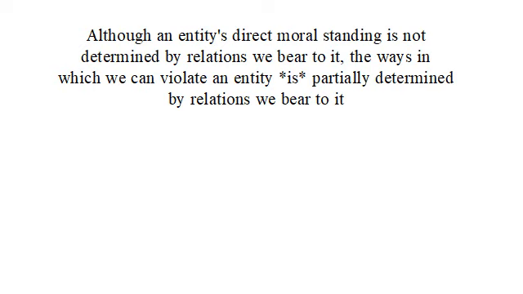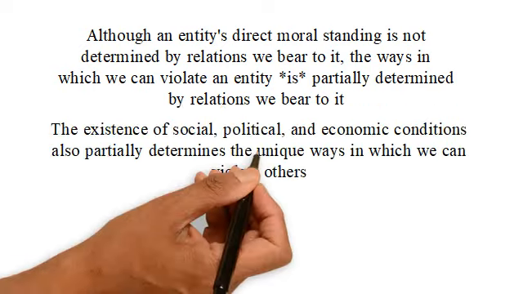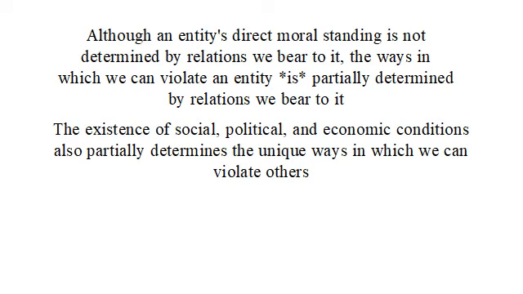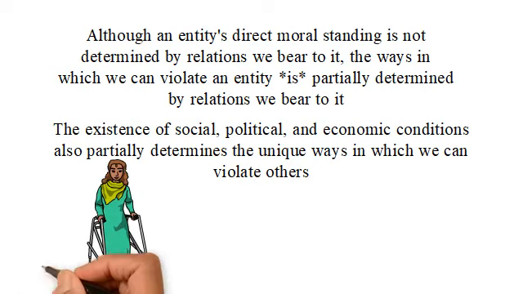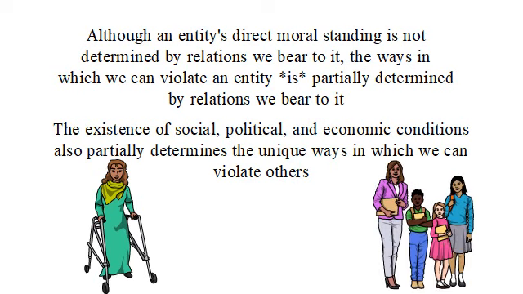Now, it is likewise the case that the existence of social, political, and economic conditions partially determines the unique ways in which we can violate others. Social, political, and economic conditions are relevant to human individuals' flourishing, and as such, make members of certain populations particularly vulnerable to kinds of harms and violations.